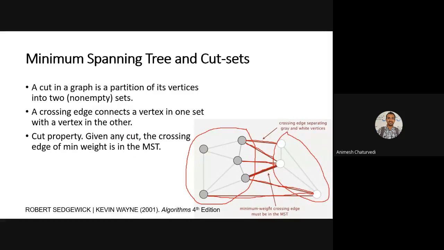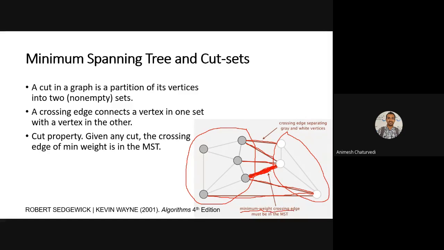They have also given one important property: this highlighted, dark edge has the minimum weight among all the crossing edges. So among these crossing edges, one, two, three, four, five, six, this highlighted one is the minimum weighted crossing edge.